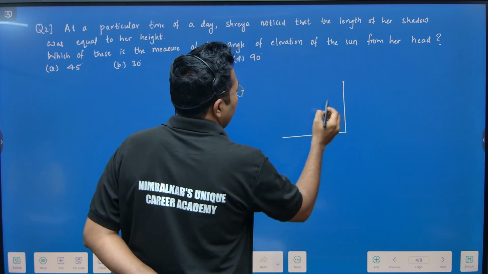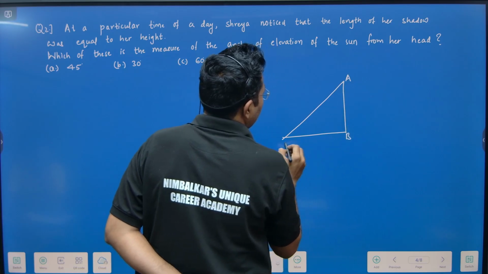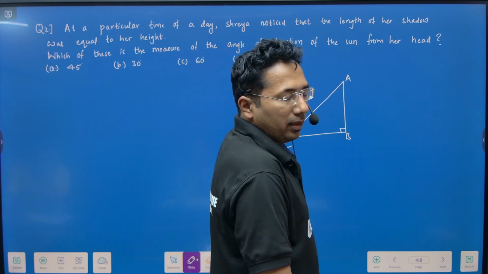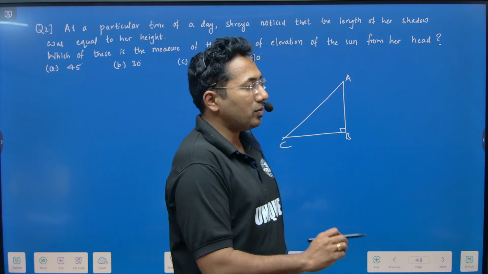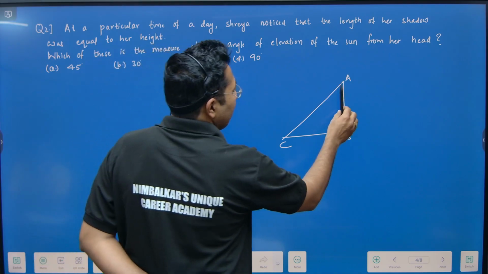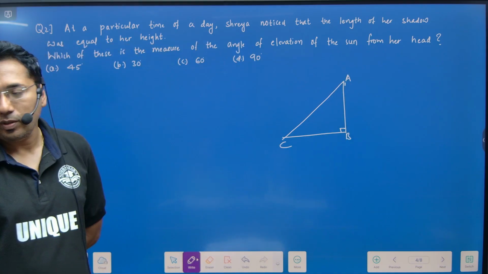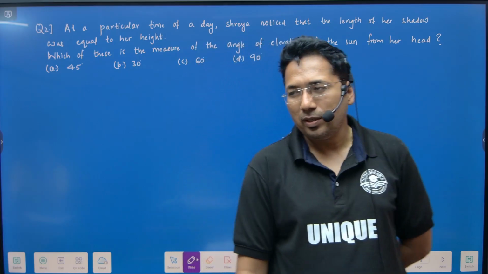The right angle triangle ABC. What is AB? AB is Shreya herself, standing very erect and straight on the ground. What is AC? AC is the length of her shadow.